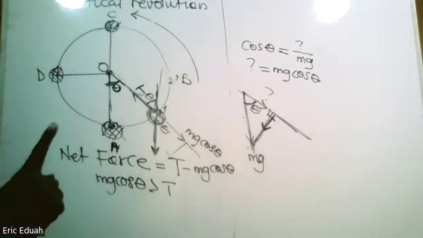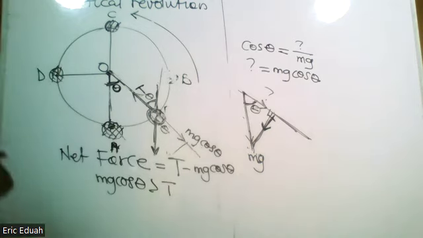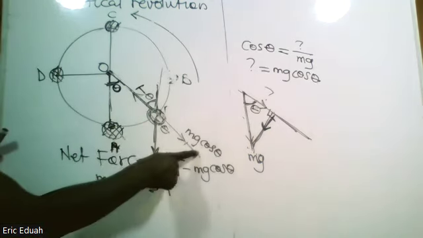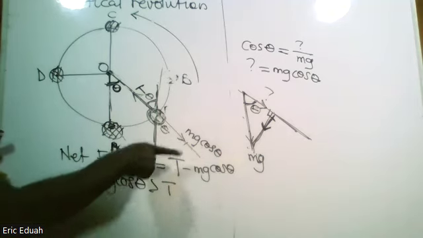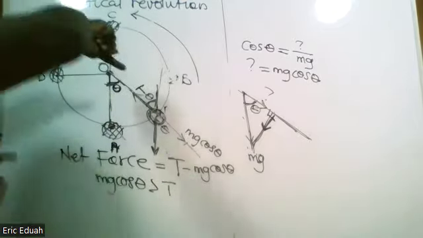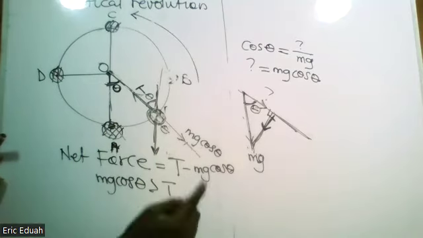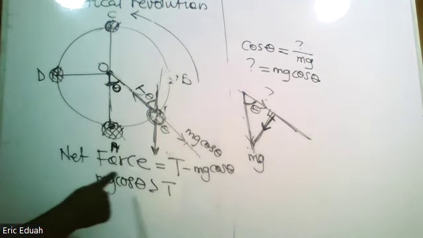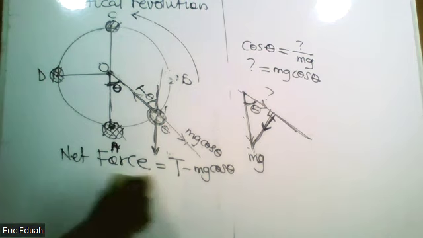And the net force is also in the direction of the greater force. So imagine this is greater. When you subtract T from this, the net will be mg cos theta minus T, and the net will be in the direction of the larger force. Meanwhile, for this object to stay within the circular path, the net force must be directed towards the center, the reason for which T must be greater than mg cos theta.